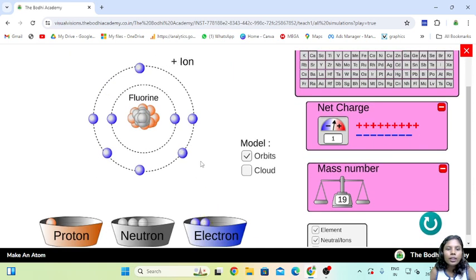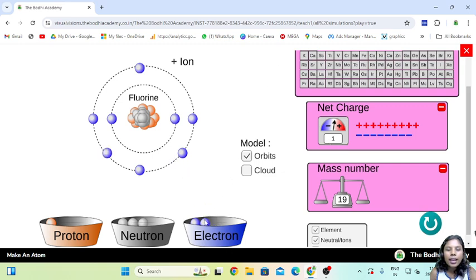If you remove 1, it becomes plus 1, fluorine plus 1. Now if I add 1, then it becomes F minus. If I remove 1, again neutral. If I remove another one, it becomes F plus. Now if I remove 2 of them, it becomes plus 2. So this is the net charge.